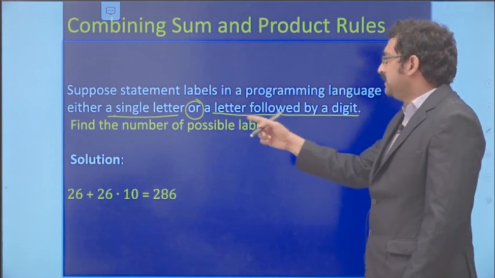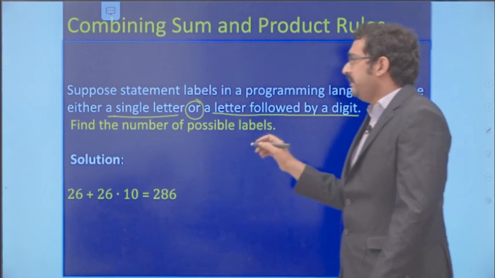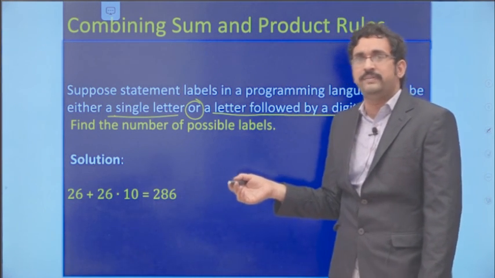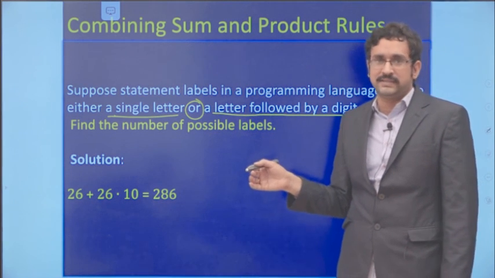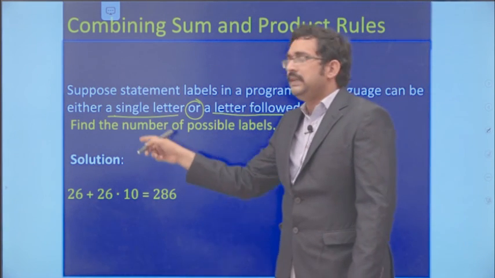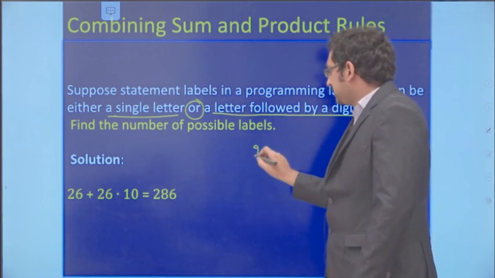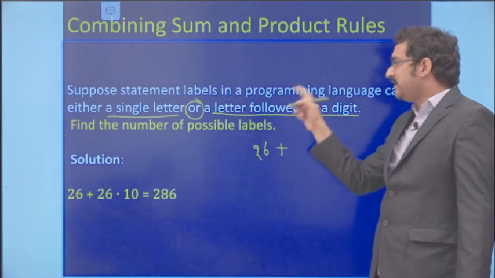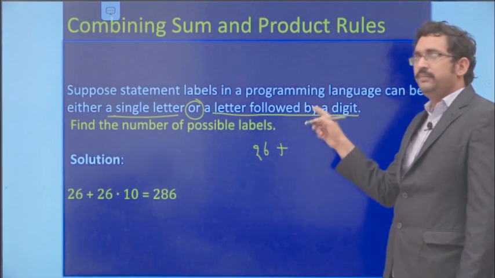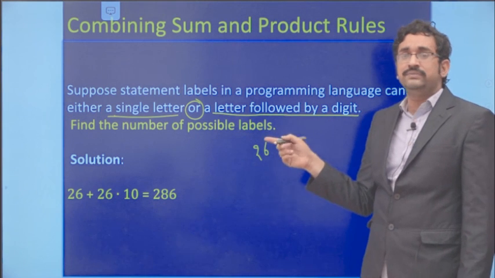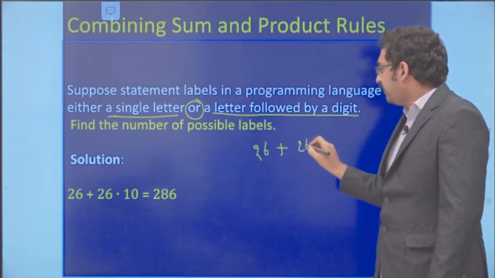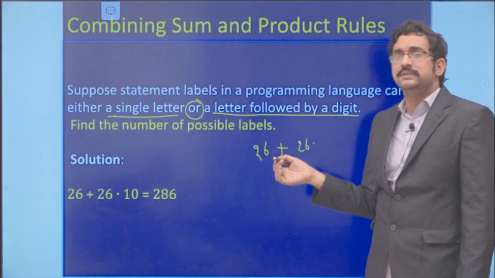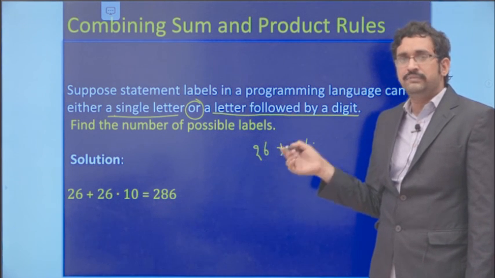What is a single letter? A single letter can be chosen in 26 ways, because we know that the English alphabet has only 26 letters. Plus, what is the second option? A letter followed by a digit. A letter means we have 26 options, followed by a digit. A digit can be between 0 and 9, so for the digit we have 10 options.